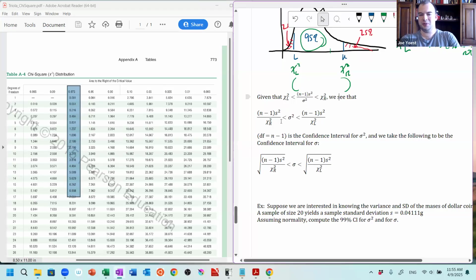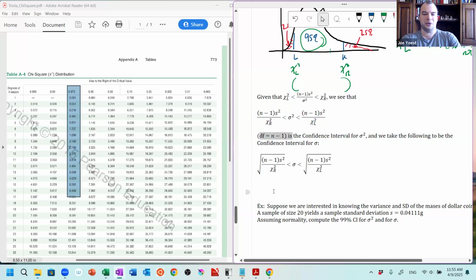We can multiply by n-1 times s squared, and we get a confidence interval for sigma squared. Sigma squared is bounded below by n-1 times s squared over chi-squared right, and bounded above by n-1 times s squared over chi-squared left, again at the 95% level or whatever confidence level. These are, of course, not hard bounds. These are bounds for our confidence interval.